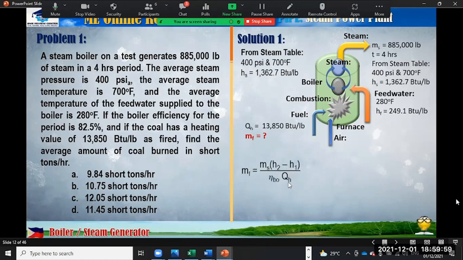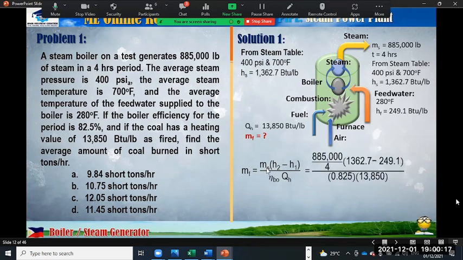This is the formula. Since it is the mass of the fuel that is being asked, I swap the position of the mass of the fuel and that of the boiler efficiency. With that, we are now free to substitute the values.